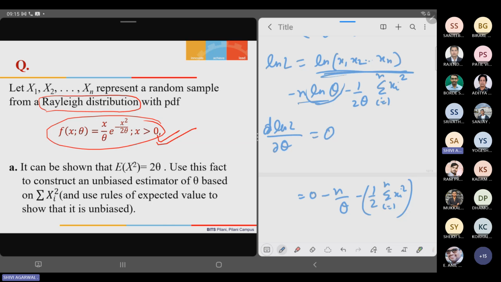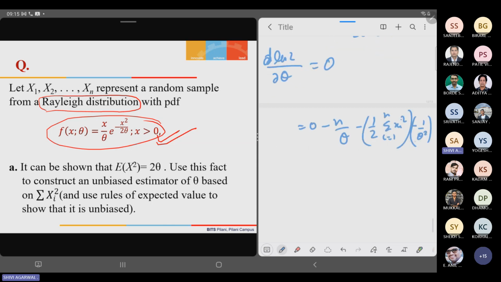Right? And then 1 upon theta differentiated what? Minus 1 upon theta square. Okay. Put it equal to 0. This minus and this minus will become positive. So it will become here minus n by theta plus 1 upon 2 theta square summation of i equal to 1 to n xi square is equal to 0.